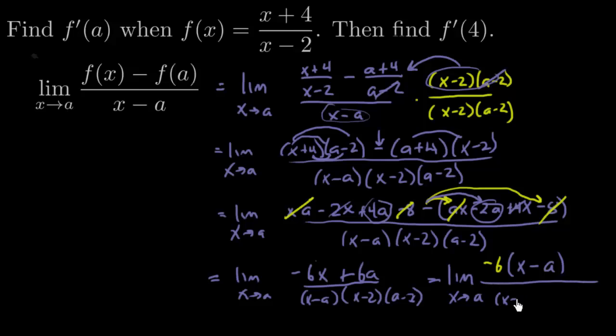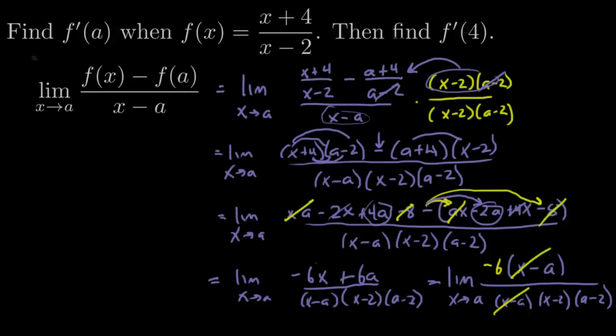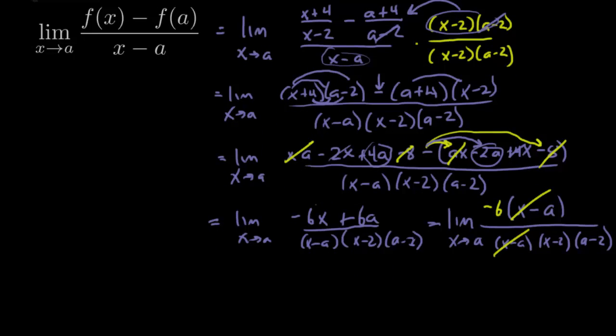And then we still have our x minus a on the bottom, which now we know is going to cancel. And the other terms, we're going to leave alone. So now the x minus a's cancel, and we are left with a negative 6 on top and an x minus 2 and an a minus 2 on the bottom.